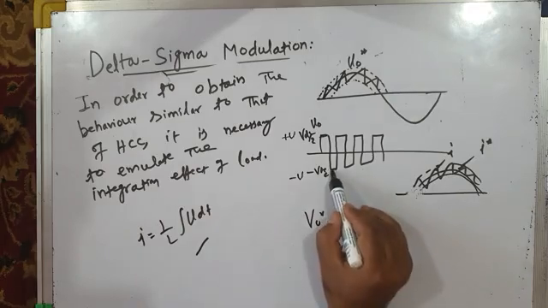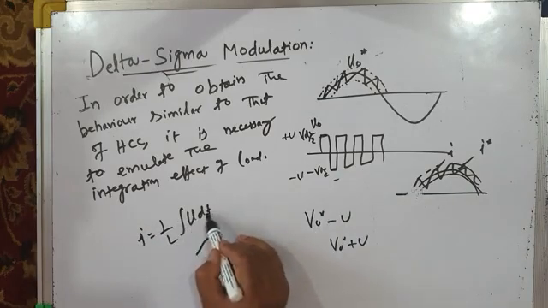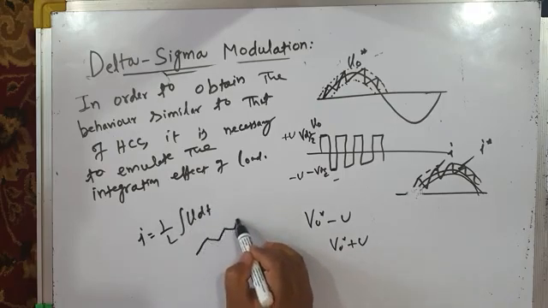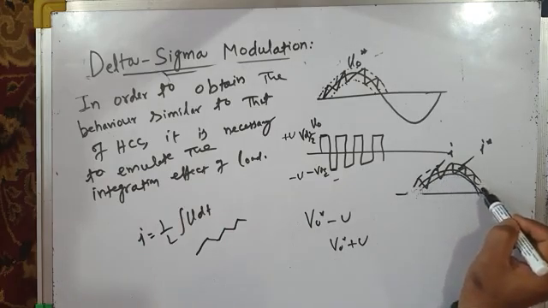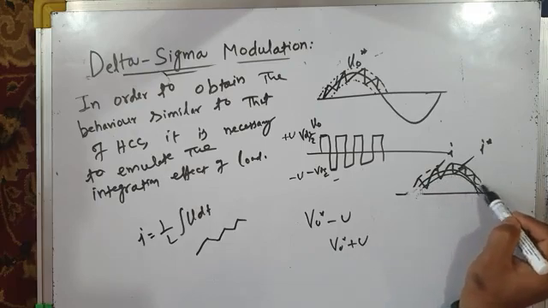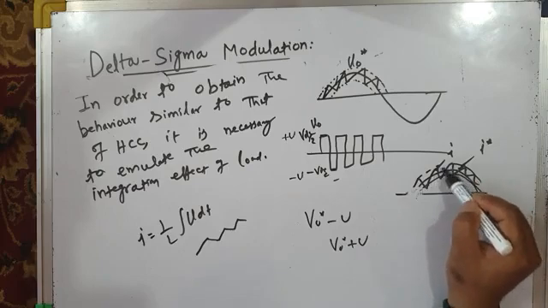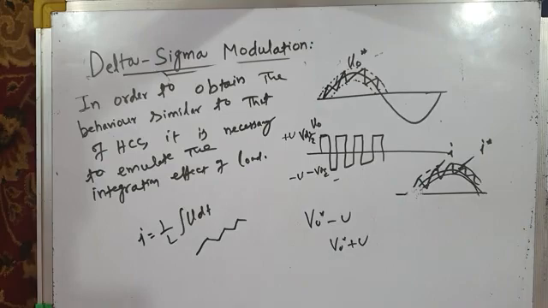And when your hysteresis current control applies minus VDC by 2 across the load inductance, then the current through the load inductance is 1 by L integration minus VDC by 2 dt, and it integrates that, so that is the integration effect. Because of that, if this was your reference current I star, your load current, because of the integration effect, was oscillating between the upper hysteresis band and lower hysteresis band within this narrow hysteresis band, and it was very closely following the reference current.